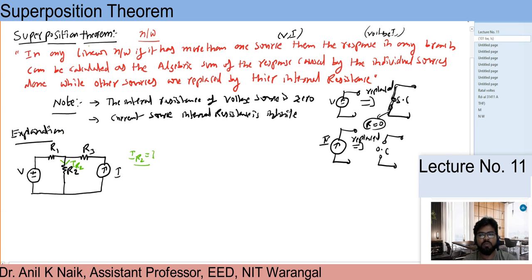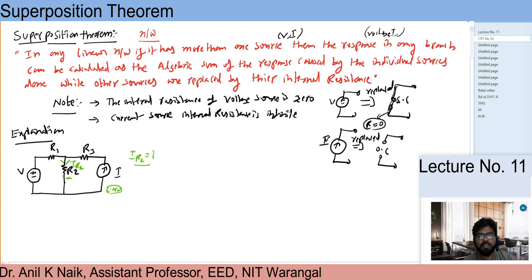How is my superposition theorem applicable? If you see, this is a linear network, so I can apply my superposition theorem in this network.